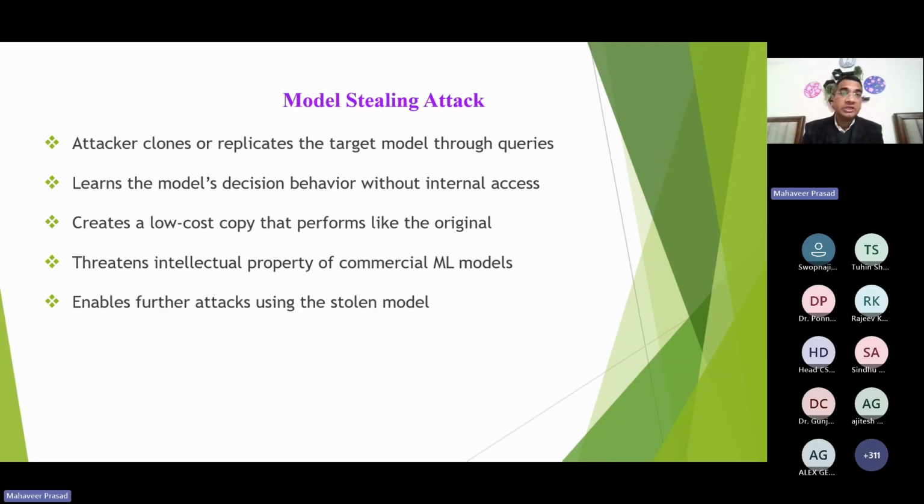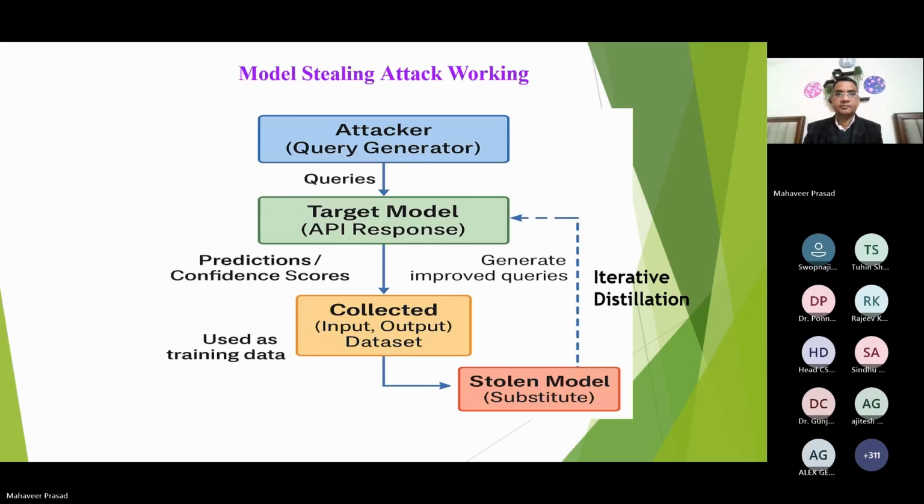Attackers query the target model repeatedly, collect the output, and use that to train a surrogate model. So basically, a similar model can be trained using some input, and you are getting some output, and you can train your model.